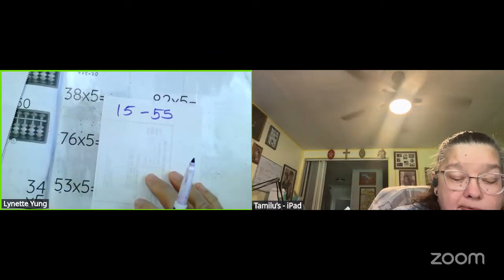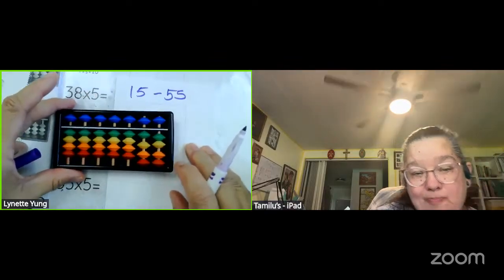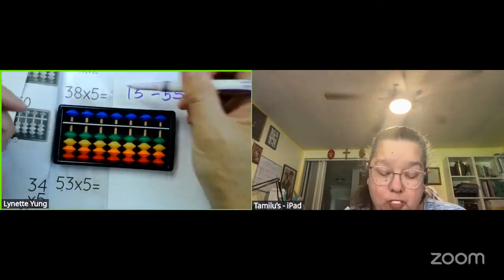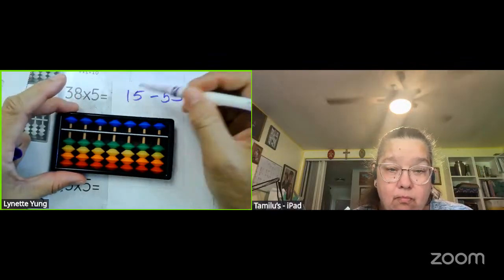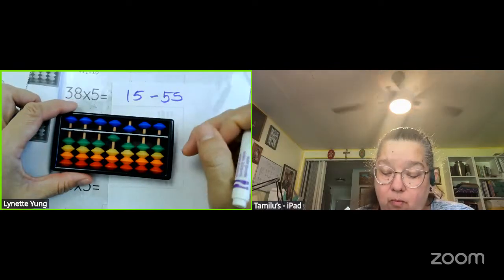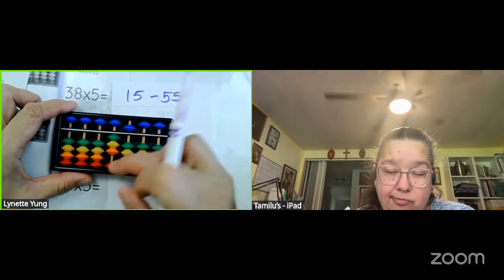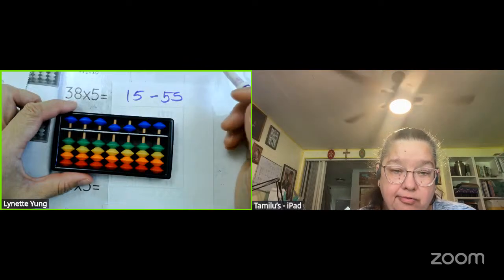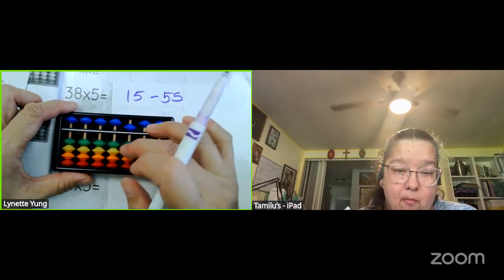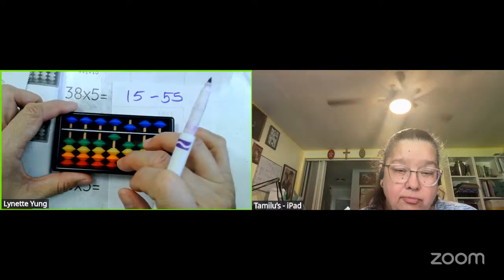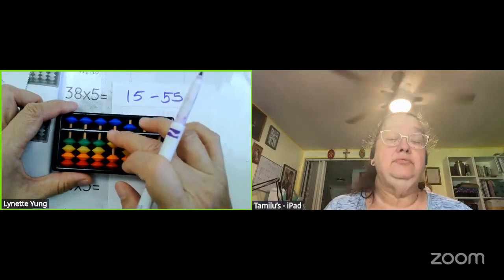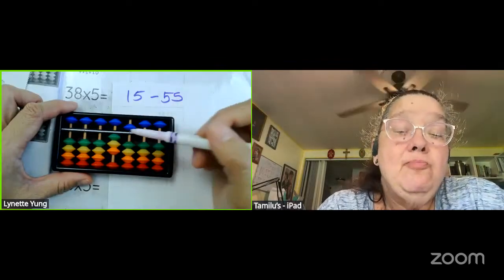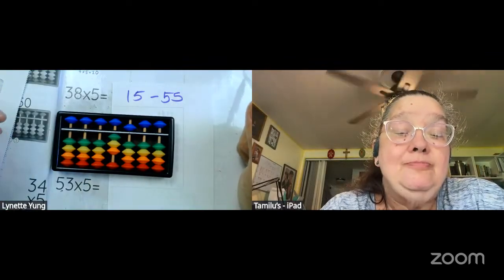Then I was thinking, what we could do is count how big it is. We can count by fives or by tens. If we had 15 on the abacus and we counted by fives, this is 25, 35, 45, 55. So how many times did we do that? One, two, three, four. So somewhere in the middle would be 35.